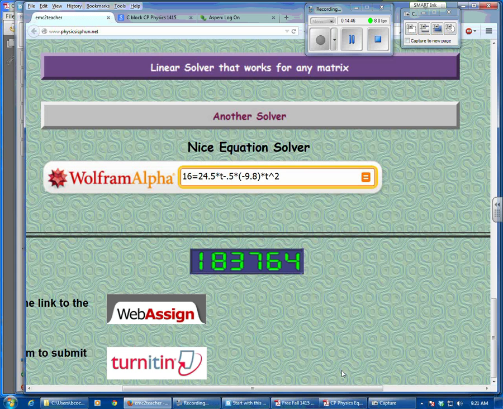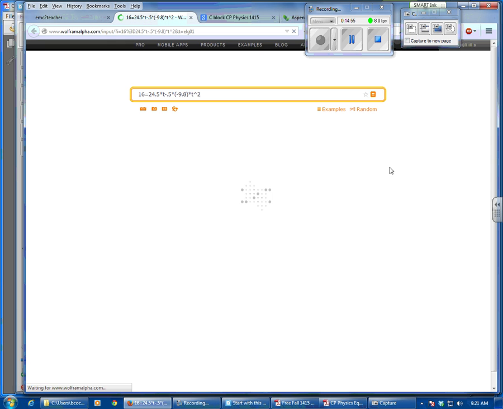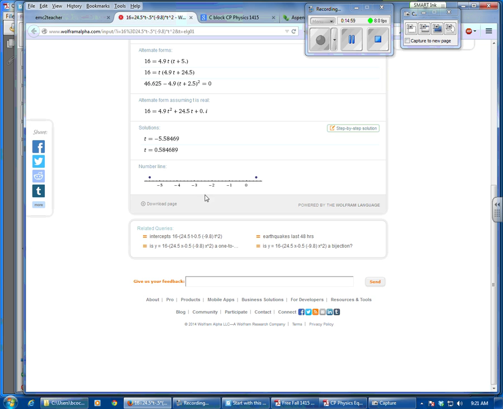All I've done is typed in my equation. I hit equals. And it tells me that my answers are either negative 5.58 seconds or 0.584 seconds.